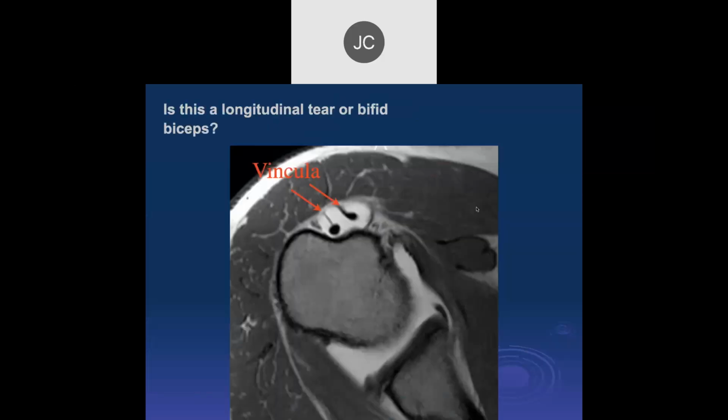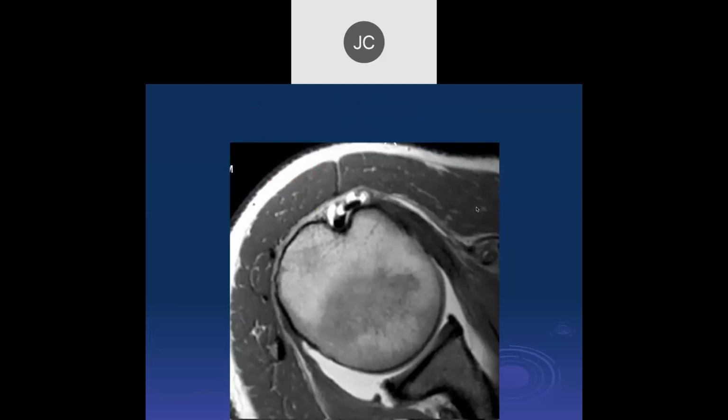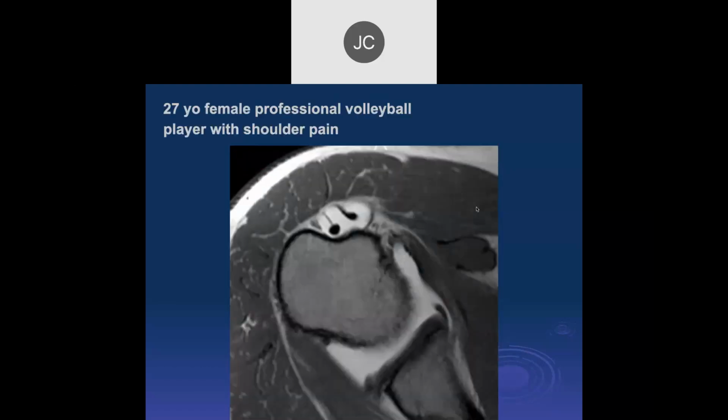So we already saw this case last time, I think. Actually, this is a different case. Sorry. Greg, what do you think of this one? Oh, I think I did have this case because it was a bifid biceps with the vincula. Yeah, with the vincula.